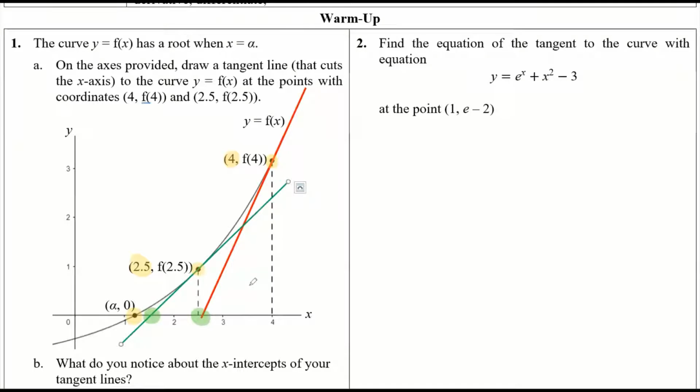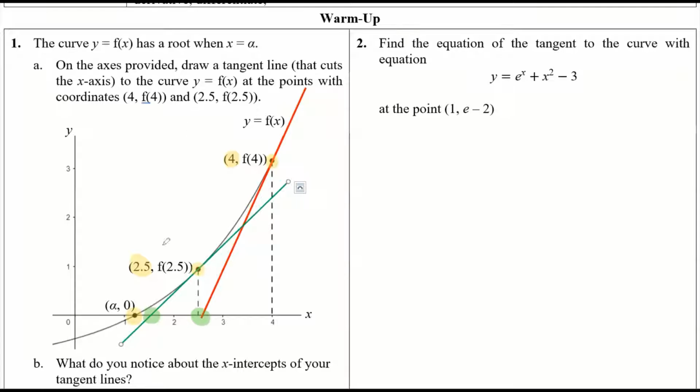reducing in value. So the question is, what do you notice about the x-intercepts of your tangent lines? Well, if we actually drew a tangent at alpha, for example, the tangent line would intersect the x-axis at alpha, because the point x equals alpha, 0 and the point where the tangent is drawn just coincide.